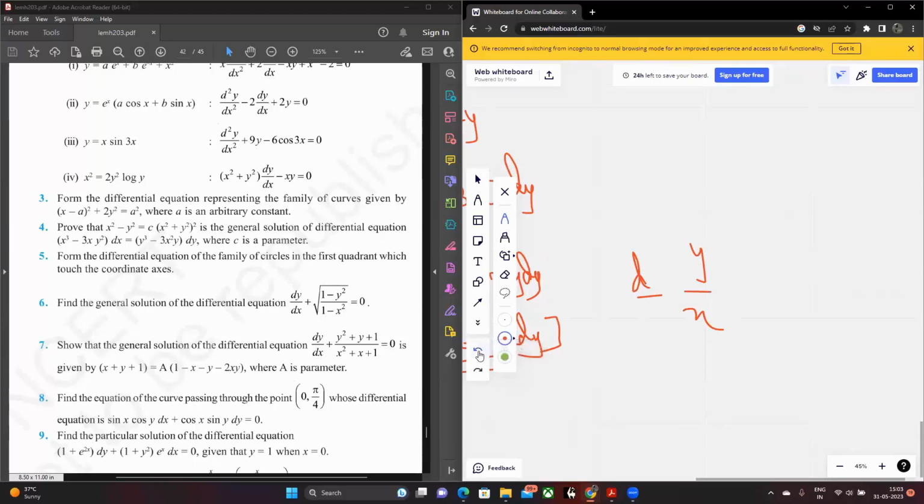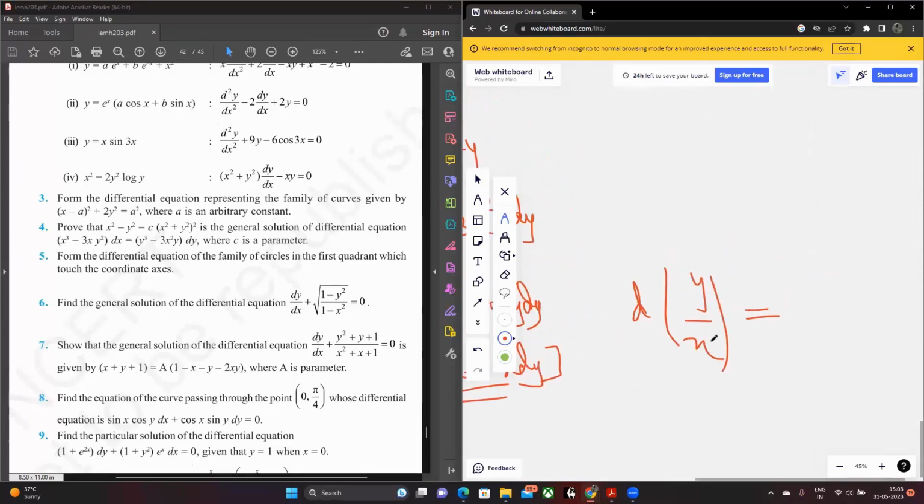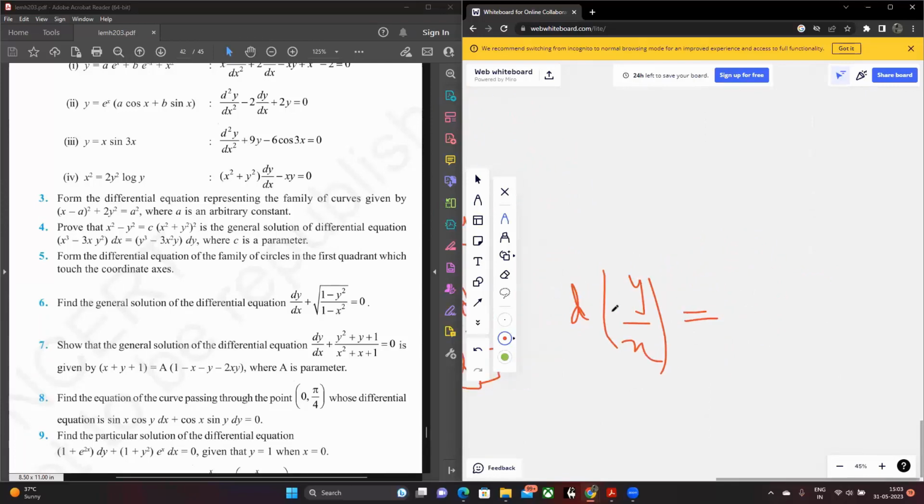right? If I write d of y by x, this is the differential of a function with respect to nothing. So if you remember, dy dx of y by x is basically y dash divided by x minus y divided by x squared, or basically (x y dash minus y) by x squared.